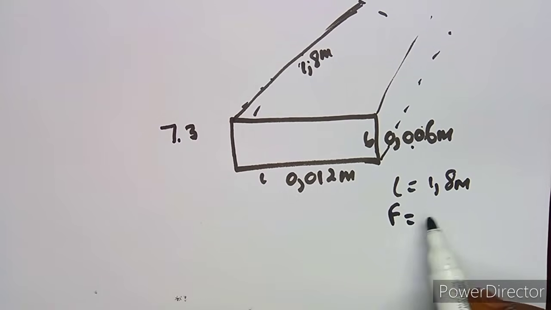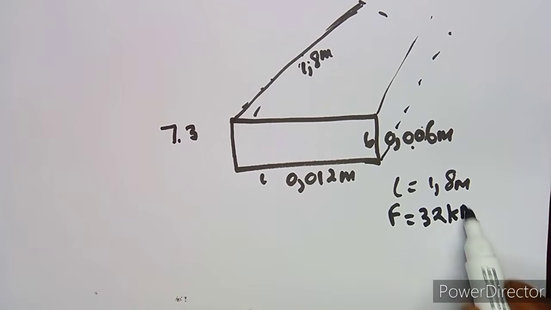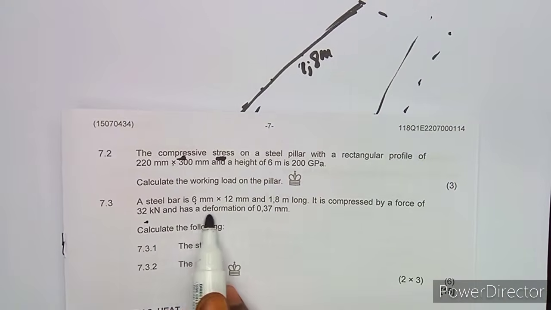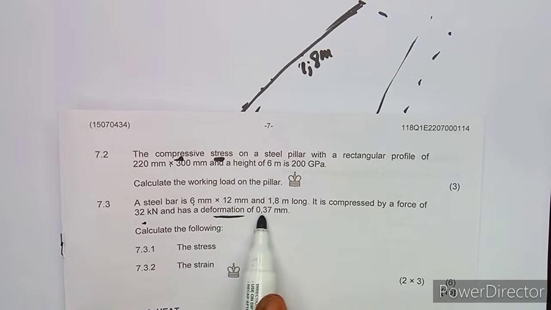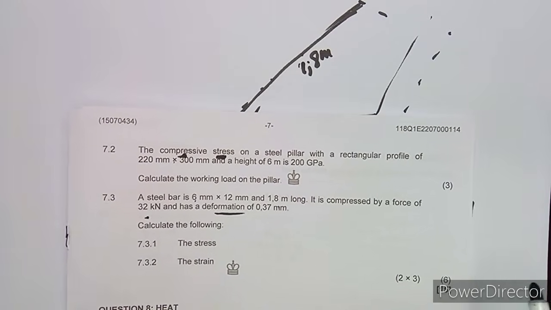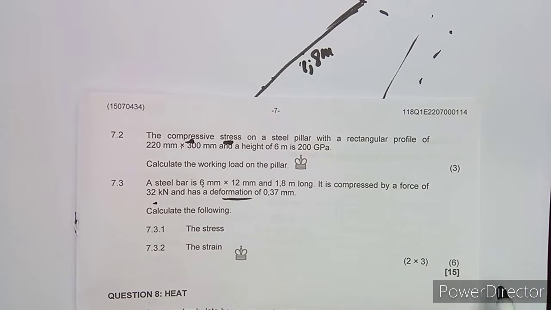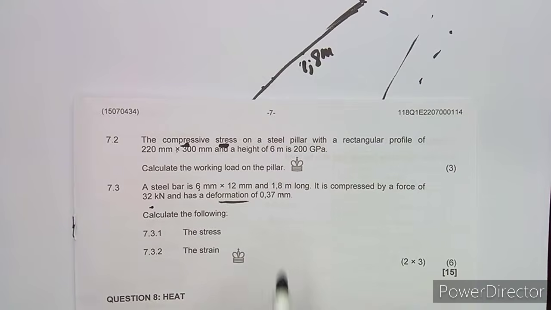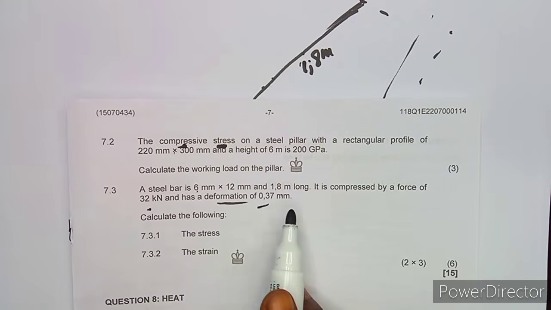As you can see, guys, it's a matter of taking down information and substituting it in the formulas. You're done. And here's a deformation, which means a change in length, because when it is being compressed, there's going to be that shift in length. So that is the change in length that you're given.